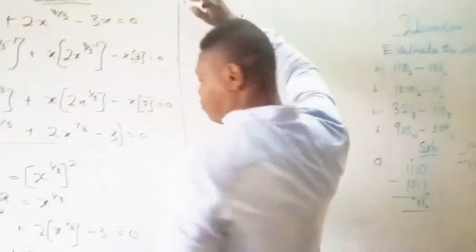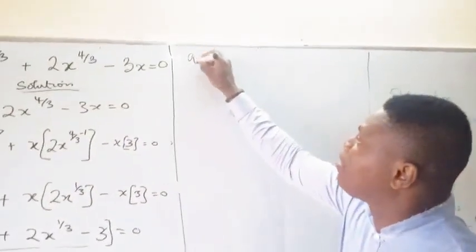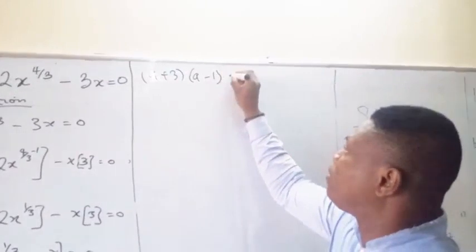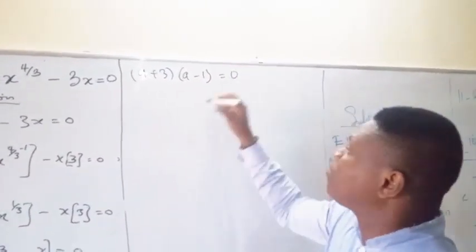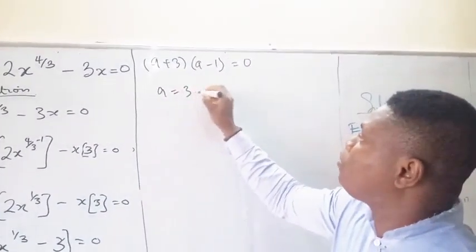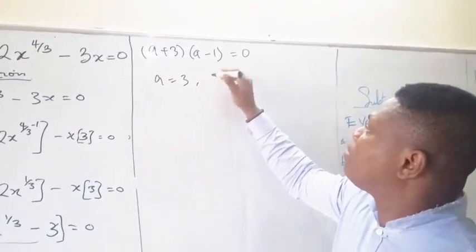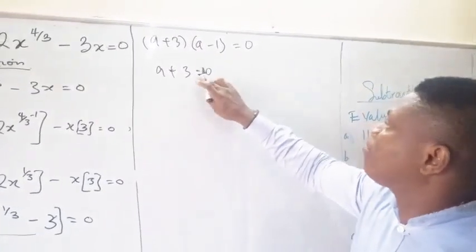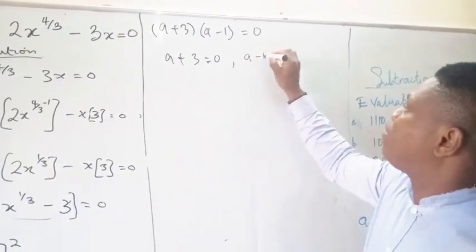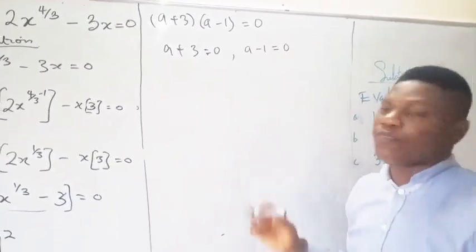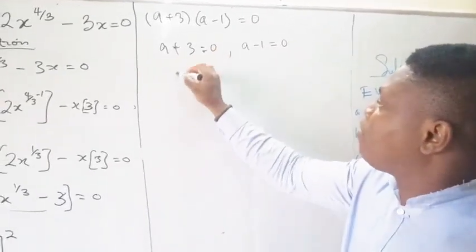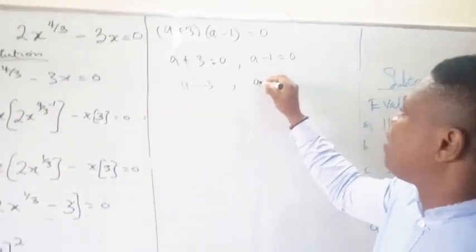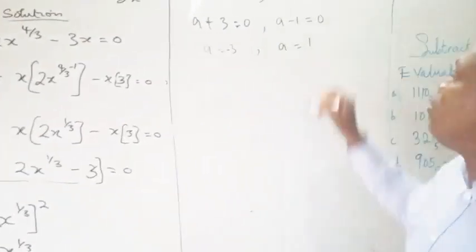So I can now say, therefore, a plus 3 into a minus 1 is equal to 0. So a plus 3 is equal to 0, and I can also have a minus 1 equals to 0. So now I can find the value of my a as minus 3 and my a here as plus 1.